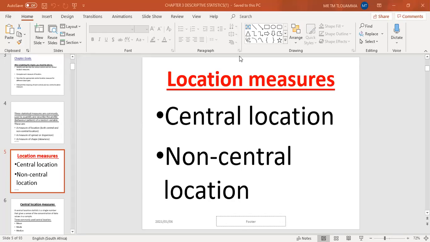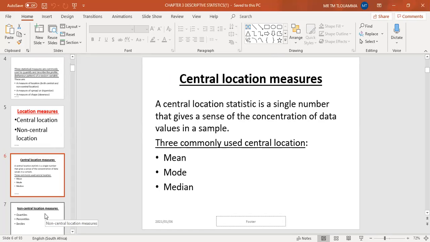The different locations of measures include the central location and also the non-central location. I'm not going to dwell much on the definitions, you just have to know the difference between the two.